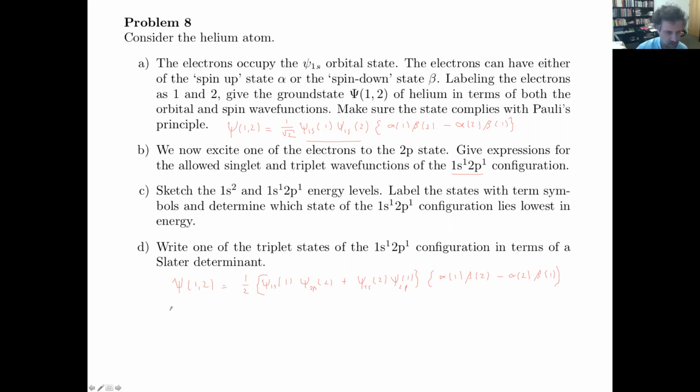And now the triplet state. How many triplet states do we have? We should find 3. For a triplet state, I know that my spin state is symmetric because there are 3 symmetric spin states. That means I find 3 triplet states in total. Now, if my spin state is symmetric for the triplet, then my orbital state must be antisymmetric. Let's write this down: this is singlet, and this is triplet.